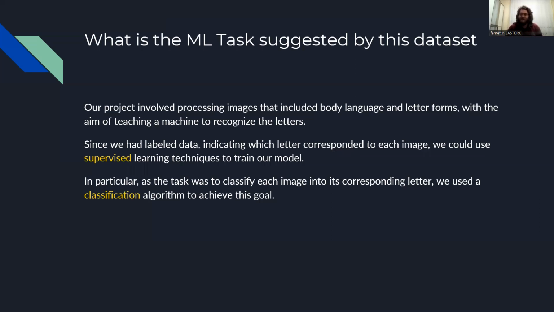Since we have labeled data, it is supervised, because every letter corresponds to an image. As a task, we want to classify each image into the corresponding letter. We use classification algorithms to achieve this goal. So it's supervised, and we use classification algorithms.